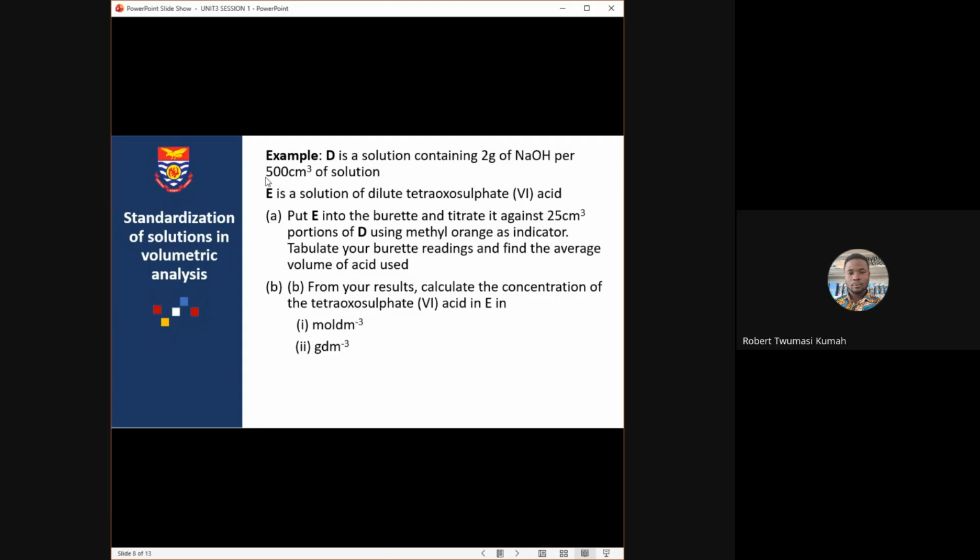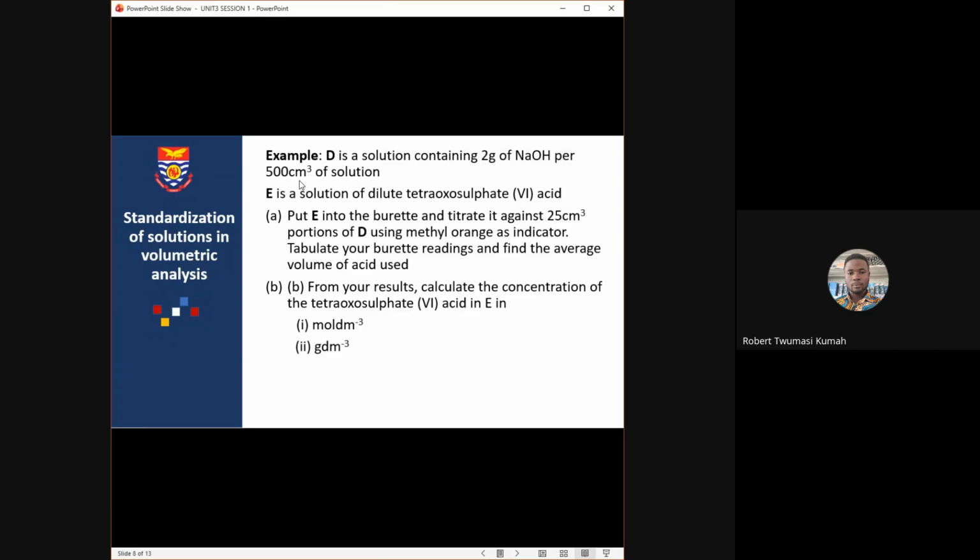We work in liters or decimeters. And so we have to change this one into cubic decimeters by dividing it by 1,000. So when you divide this by 1,000, we are moving backwards 3 times. 1, 2, 3. That becomes 0.5. Is that all right?